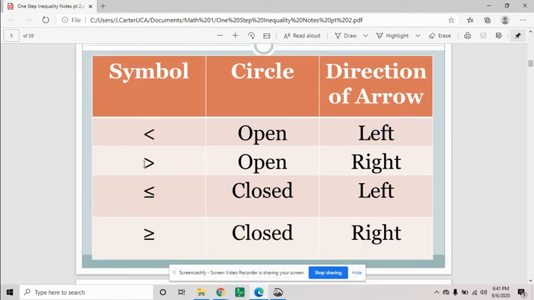If it is greater than and it's not equal to and there's no line, your circle at that number will be open and you're going to move to the right, because again, look which way this arrow is pointing. It's pointing me to the right. And then if they have lines, no matter which way they're going, less than or greater than, they're closed circles. And then again, just depending on which way the arrow is facing, you either go left or you go right.